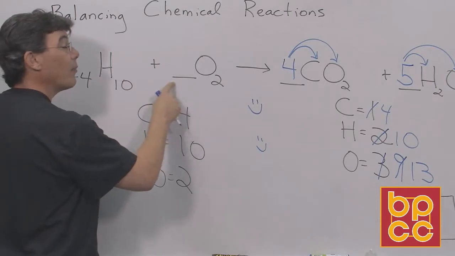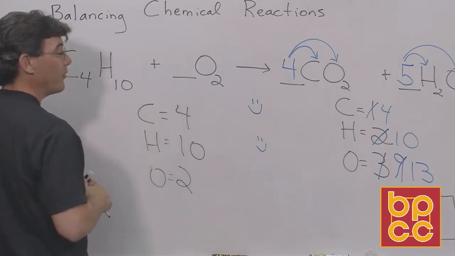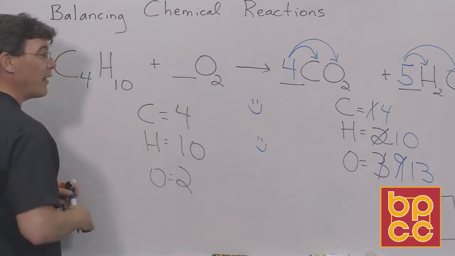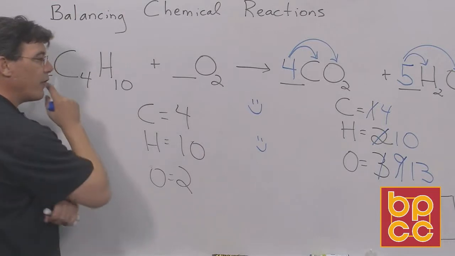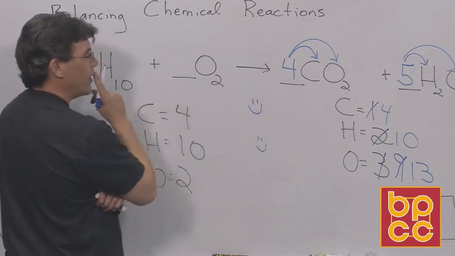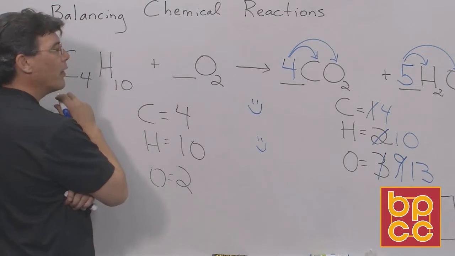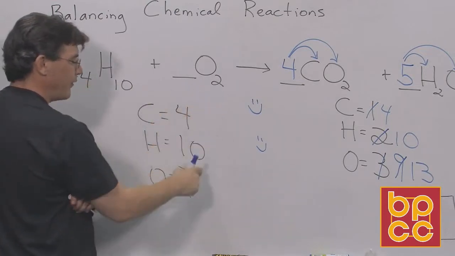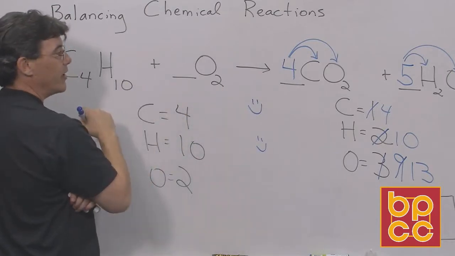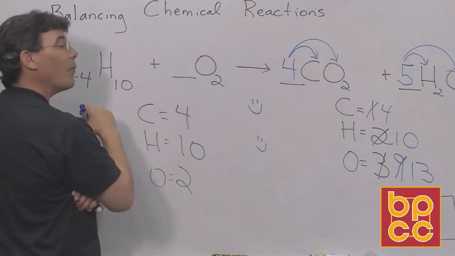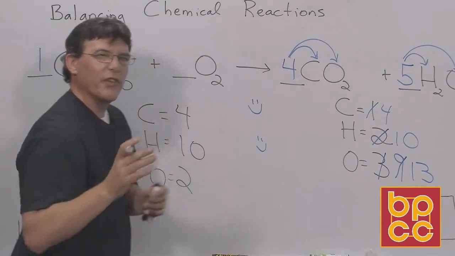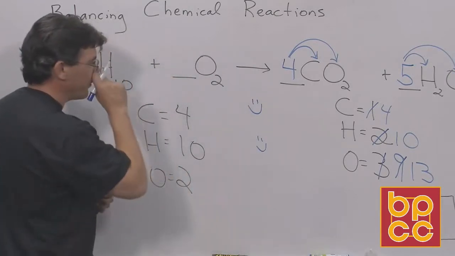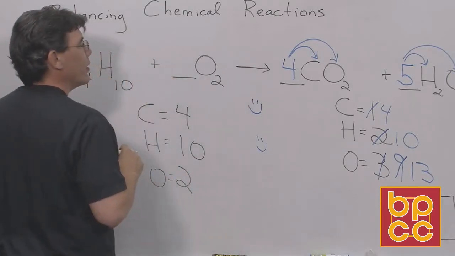In other words, any number we put out in front here is not going to upset any of the other elements that are already balanced. The problem is, though, when looking at 2 versus 13, there's no whole number, 13 being odd, that we can multiply this 2 by to make 13. But what we can do, and some students call this cheating, but it's not. If we get to the right answer, it's all good.